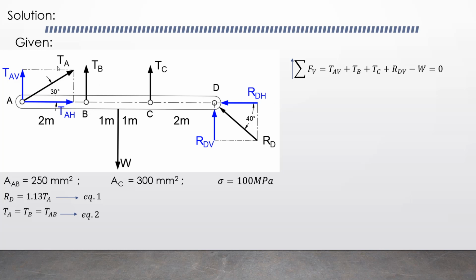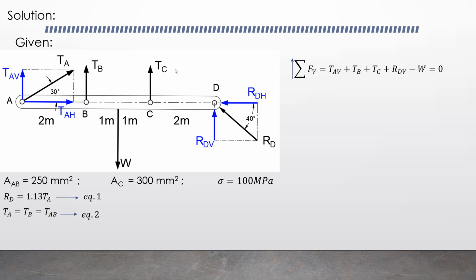So first we have the vertical component of tension A, so call it TAB, and then the tension B. It is going up, so it is positive.